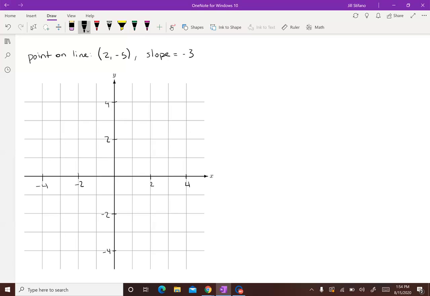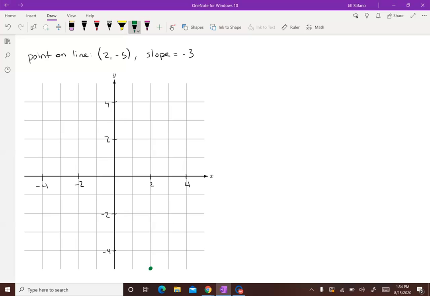So again, we want to sketch the graph of this line. So first, we already know a point on the line. So let's go to (2, -5), and draw that point. Now we also know the slope. So to draw this, we have -3.